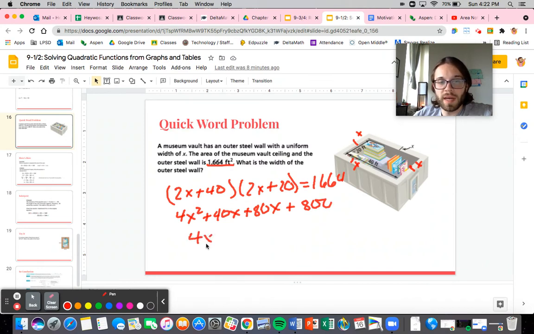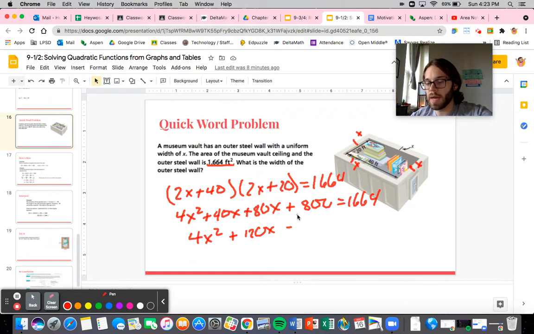So this would be 4x squared, oops, I forgot the 1664, plus 120x. Now I have to bring this over. So what is 800 minus 1664? That's negative 864 equals 0.